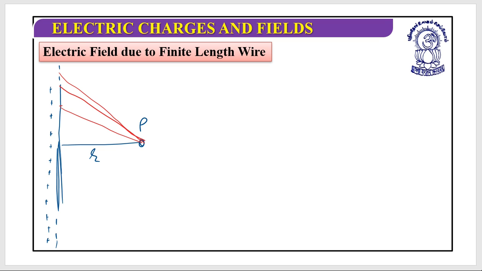You say, no sir, it is still there. So if you observe this, this is theta 1, this is theta 2, this is theta 3. My angle is increasing. So if I need to match with the infinite wire, I need to draw a parallel line. Can you understand this?